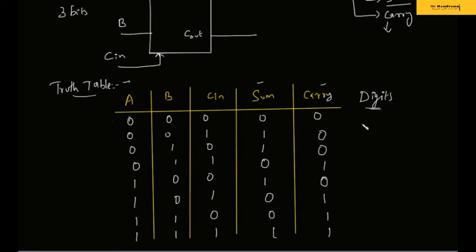But as far as the logical expression is concerned, we consider all of them in the truth table as Boolean functions. Using Boolean functions, you can design a logic circuit. So you should not consider them as digits, you should be considering them as Boolean functions.